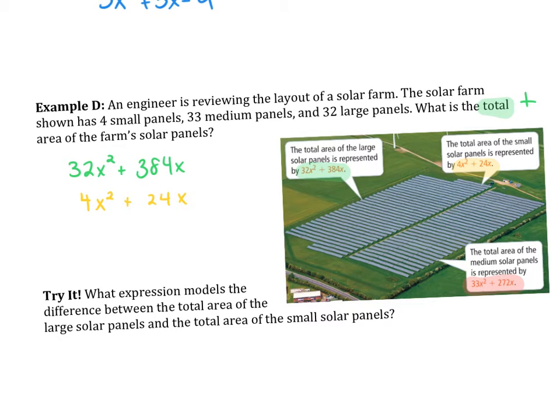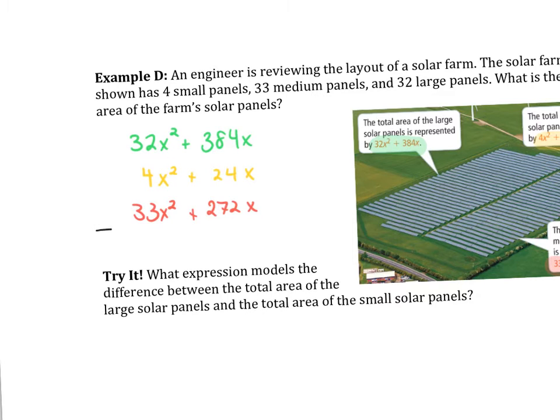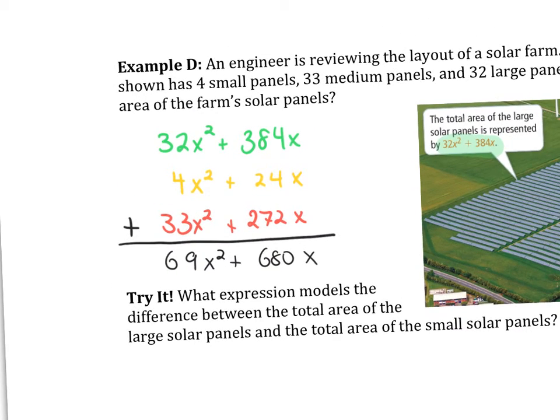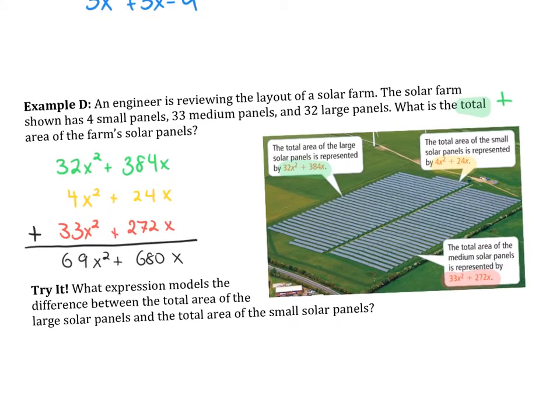And lastly, the 33x squared plus 272x. All of these are being added together, so I draw my line and add together there. And in doing so, I get my final results to be 69x squared plus 680x right there. So all we did was combine our like terms.